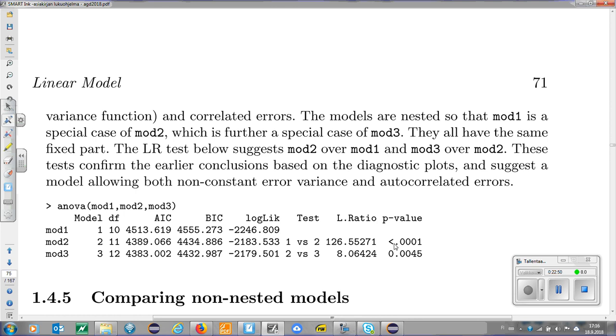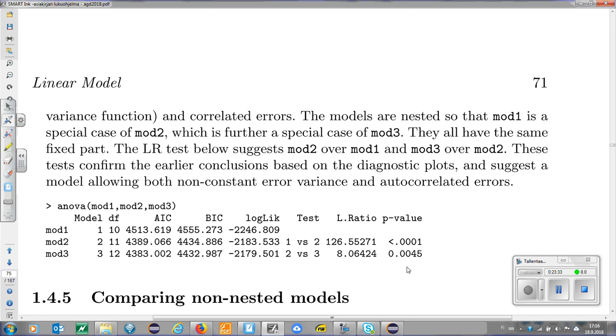Then the second row makes a test between models 2 and 3, and so it computes the likelihood ratio test, and it gets a p-value 0.004, which means that if model 2 were true, then it would be very unlikely to have such autocorrelation in the data that we observed. So it seems we reject the null hypothesis, and this justifies the choice of using both power type variance function and modeling the autocorrelation of residuals using AR1 process.